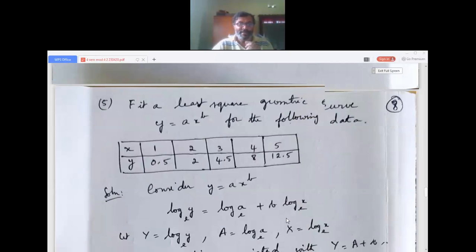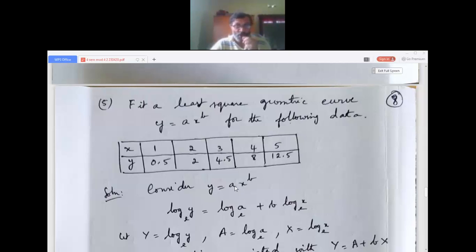Now we consider the curve. We convert it to either type 1 or type 2, a linear type. Whenever there is a power, y equals a into x power b, apply log base e. Be careful, don't apply base 10. Apply natural logarithms on both sides. So we get log y base e equals log a base e plus b log x base e.